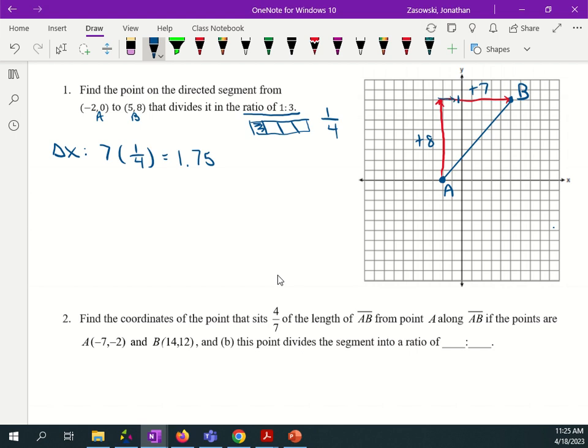Does that make sense? And then the change in y was 8. If we take 1/4 of 8, instead of going up all 8, I'm going to go up 2. And if I go up 2 and over 1 3/4, we land on our point, which is right there. And what are the coordinates of this point that we've landed at?